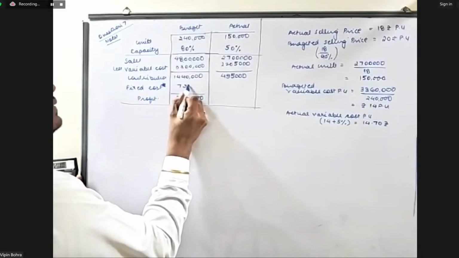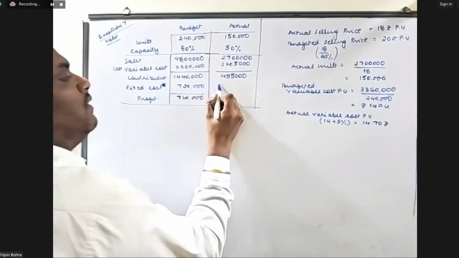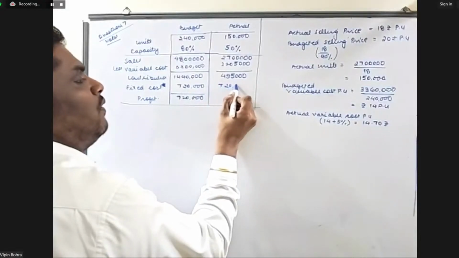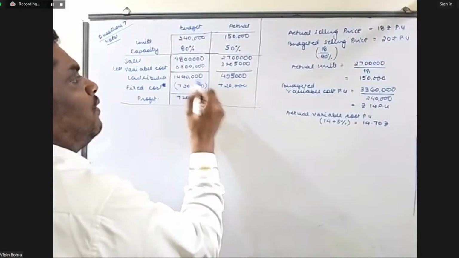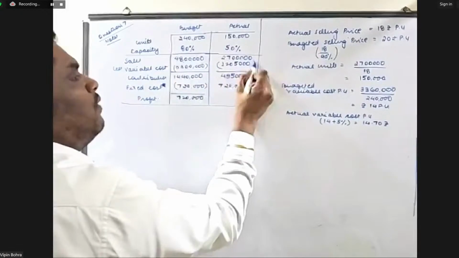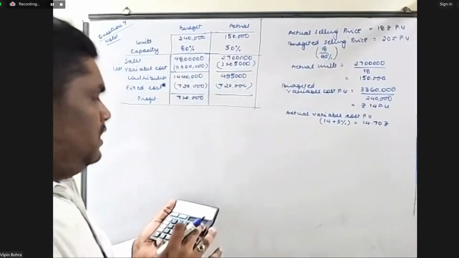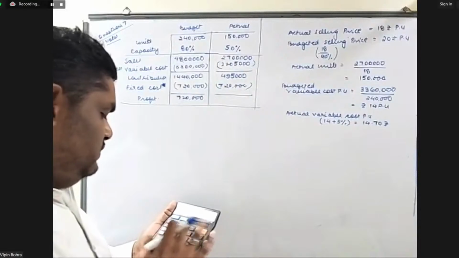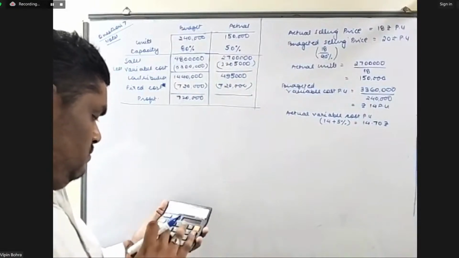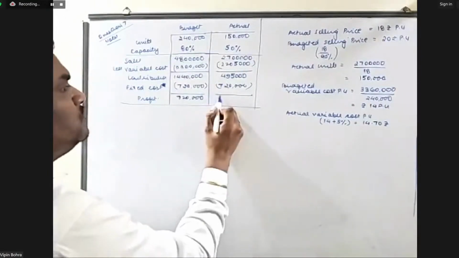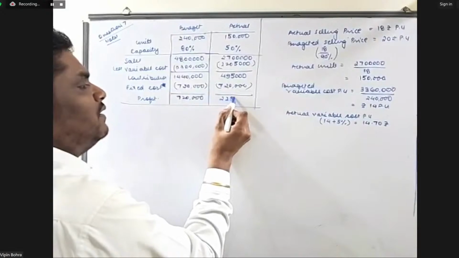So this will be 720. So the actual loss will be 4,95,000. This is 2,25,000.